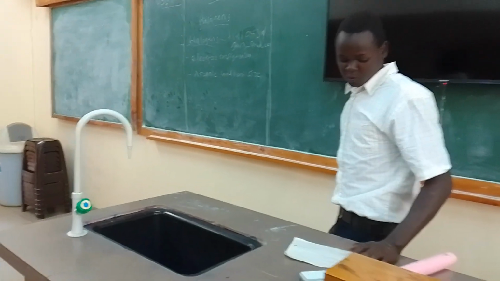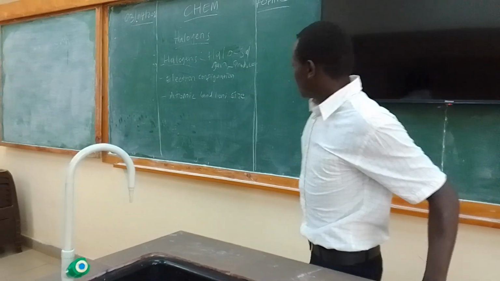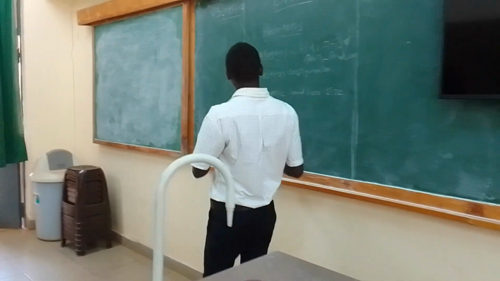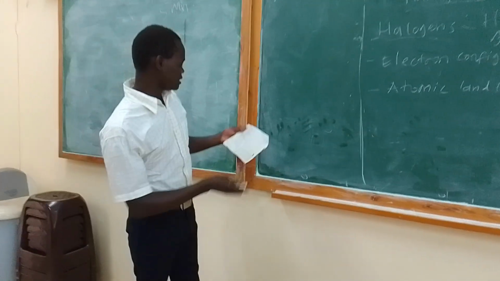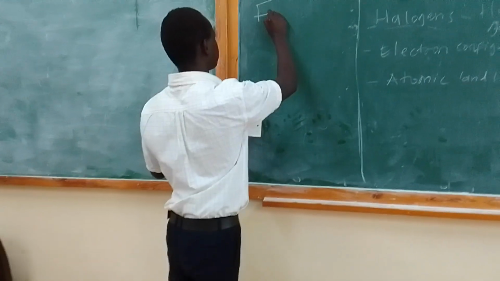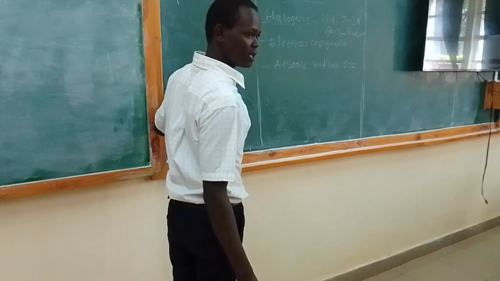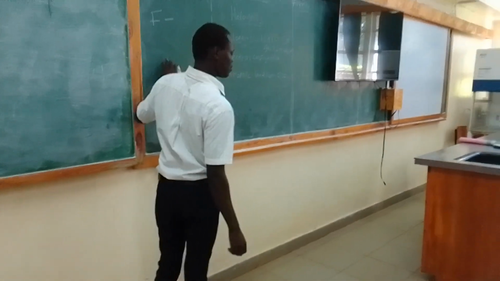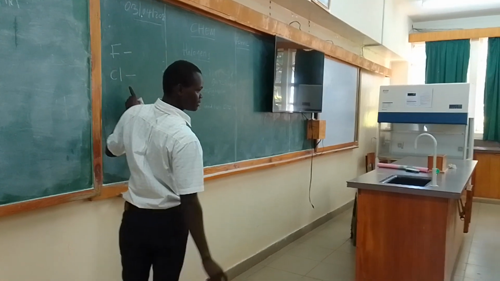Now I want us to look at the electron configuration of the halogens. Now first I would like to write for you the halogens. We have fluorine. Is everybody looking here? Yeah. We have fluorine. We have chlorine.